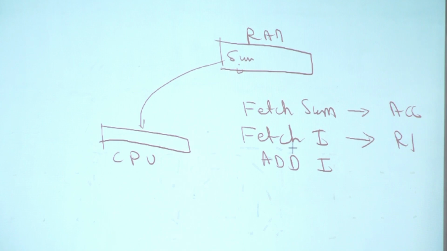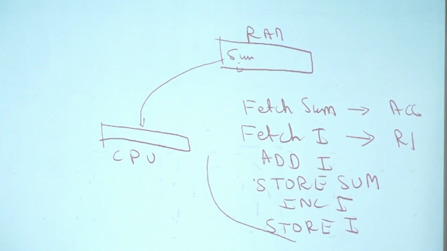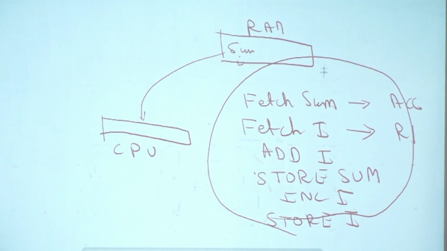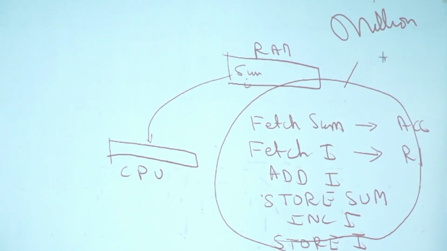I am writing the mnemonics for it, but at low level it will be machine instructions. Add I to sum, store sum, increment I, store I. And this whole thing repeats a million times, right?